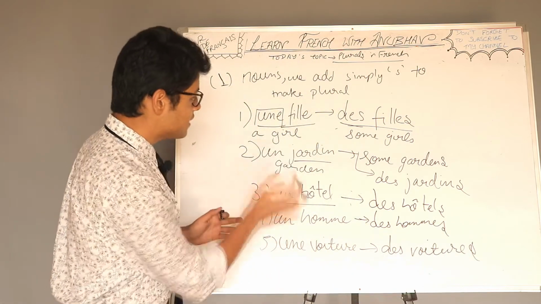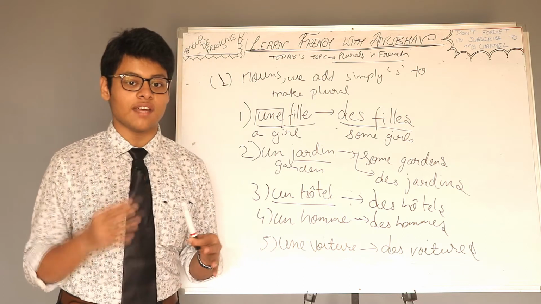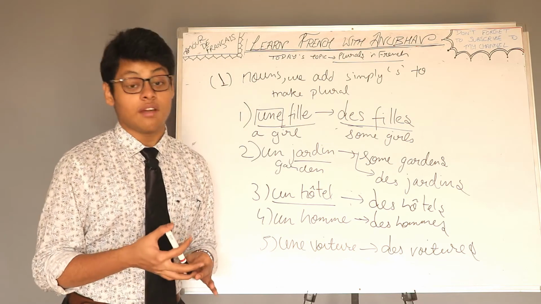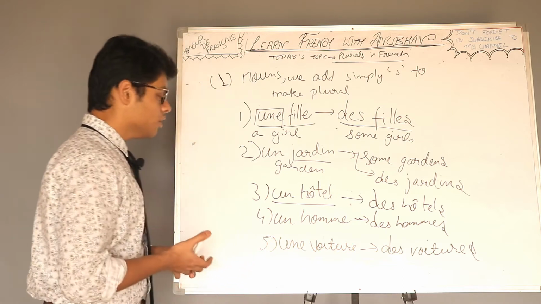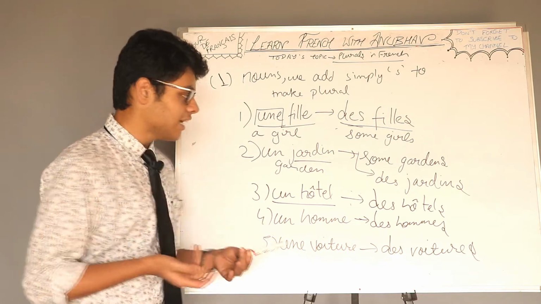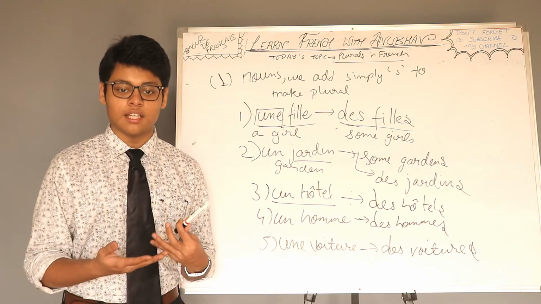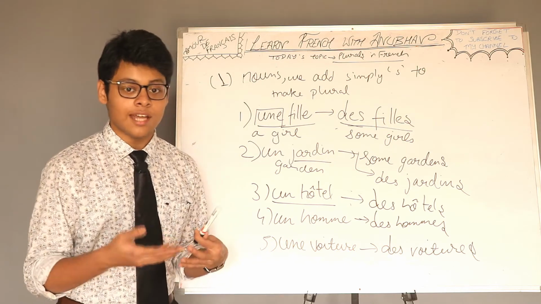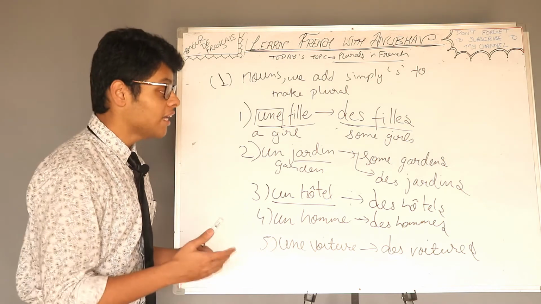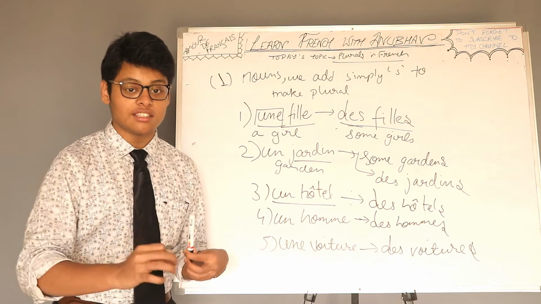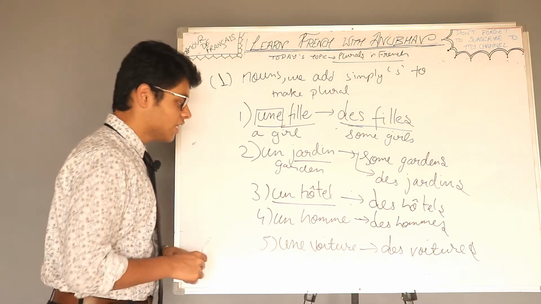What we have seen in these words is that this s at the end is not significant while we are speaking, but when we write, it is very important. So, des jardins, some gardens. When you are speaking, it can be jardin or jardins also. But while writing, if you are writing about some gardens, you need to write the consonant s after the word jardin.